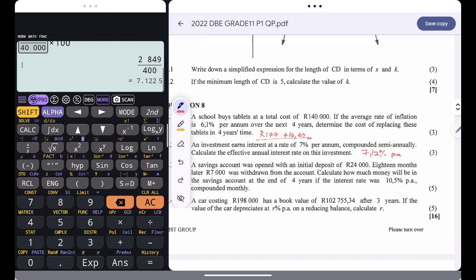Please guys, always remember, your effective interest must always be greater than the nominal interest. If you find your effective interest to be less than or equal to the nominal interest, it simply means there's something wrong that you did.